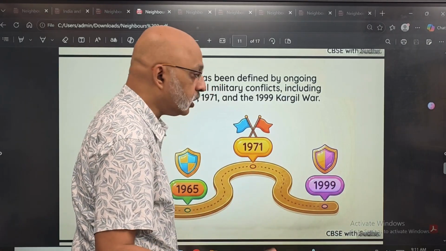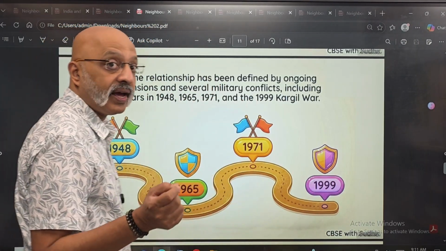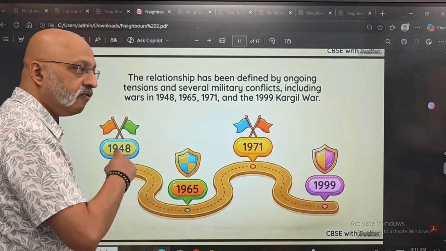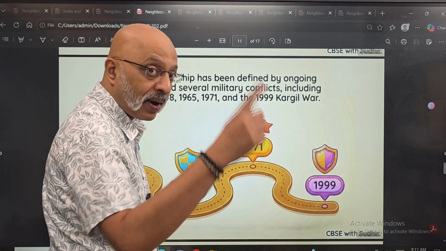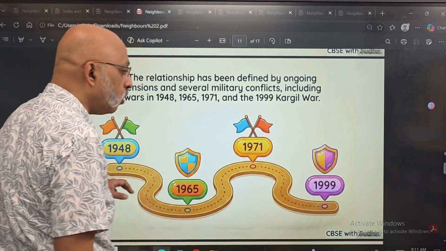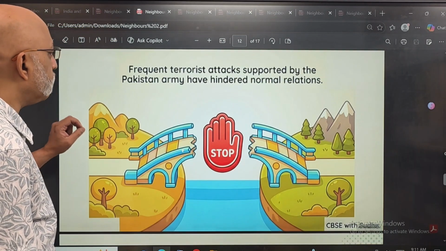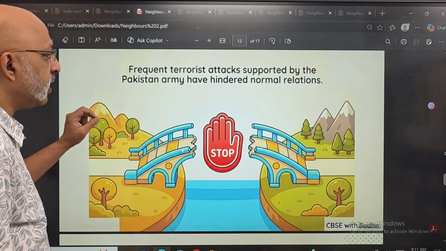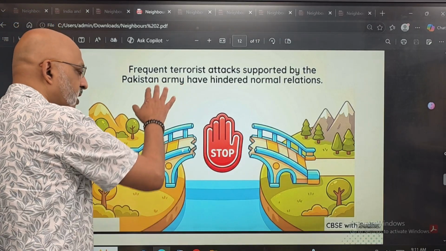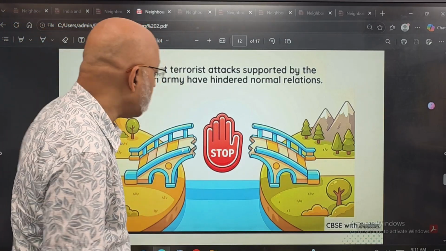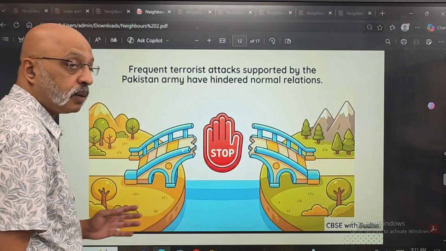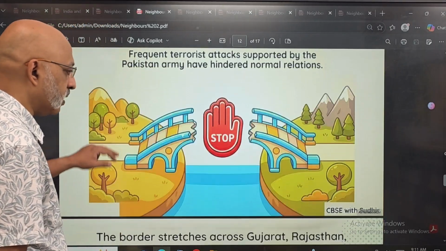Pakistan was broken into two. And the 1999 Kargil War, when Pakistan occupied the Kargil Heights in Jammu and Kashmir. Frequent terrorist attacks supported by the Pakistan Army have hindered normal relations. The Pakistan Army and their ISI, right? That has created problems between India and Pakistan.